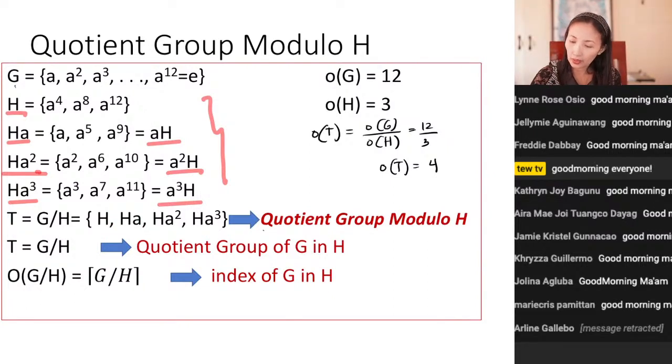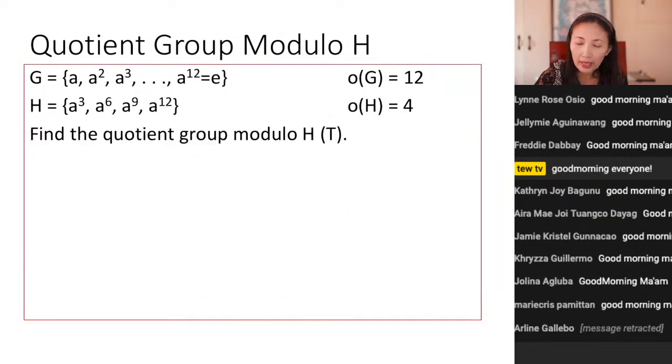Okay? So, pag ganito naman. Let G be the cyclic group, just the same. And H this time be A cubed, A to the 6, A to the 9, A to the 12. So, what do you expect?